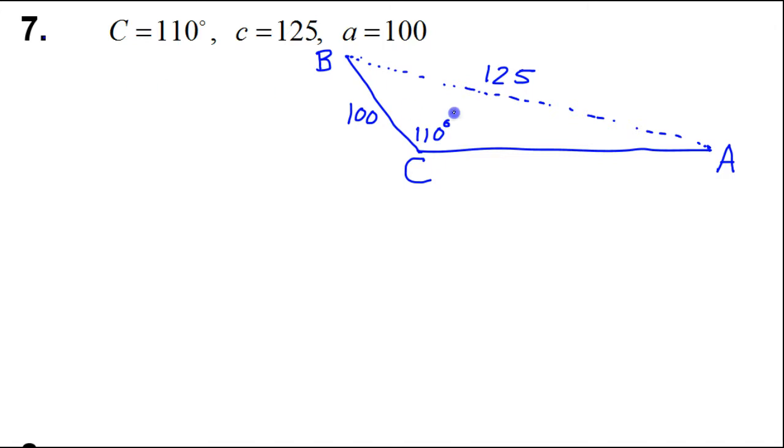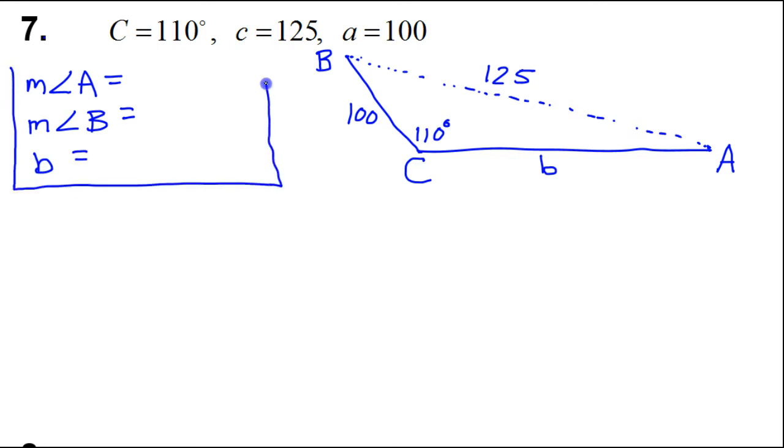So let's talk about the pieces of information that we're going to need. We're missing these two angles, so we're going to have to find the measure of angle A and the measure of angle B. We're missing this side over here, which is side B. So to solve this triangle, we will need to find these three pieces of information.